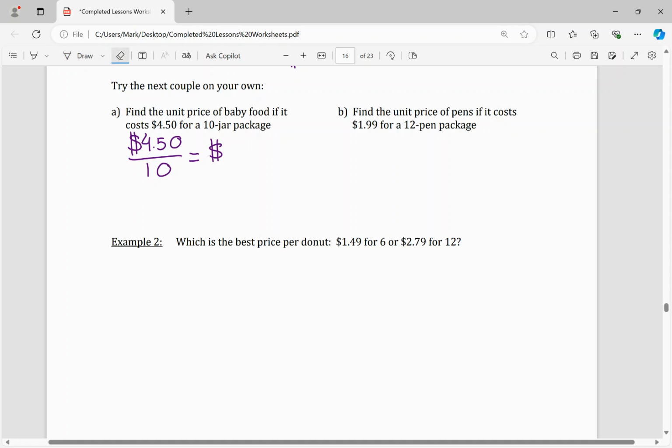Let me try that again. 45 cents per jar. Question B, find the unit price of pens if it costs $1.99 for a 12-pen package. We're going to take $1.99, divide that by 12, and what we get is 17 cents per pen. Each pen is costing us 17 cents in this package.